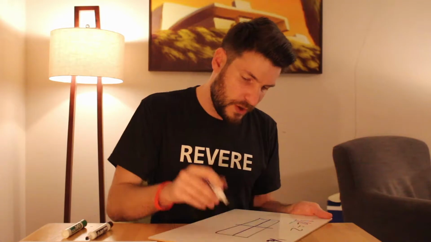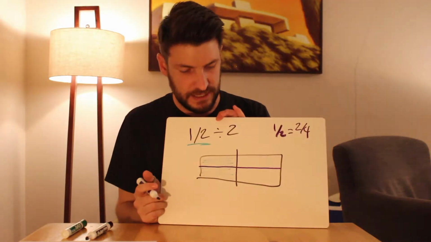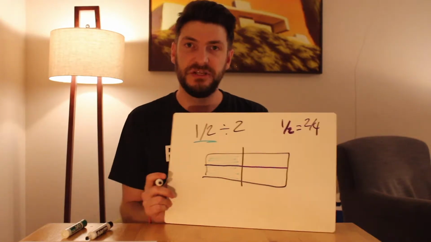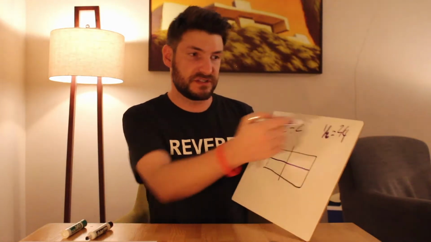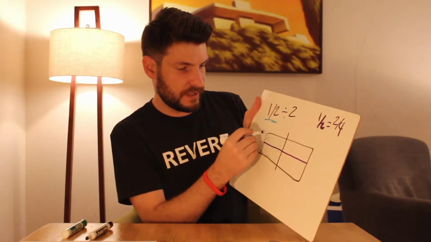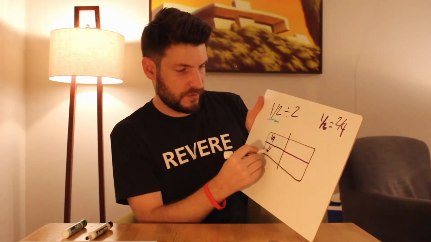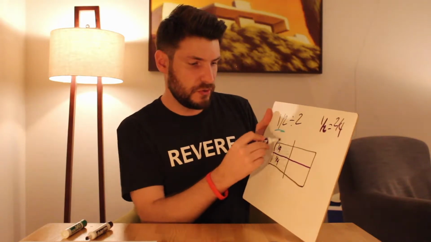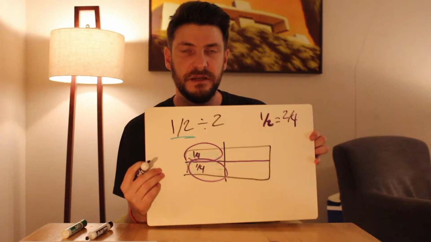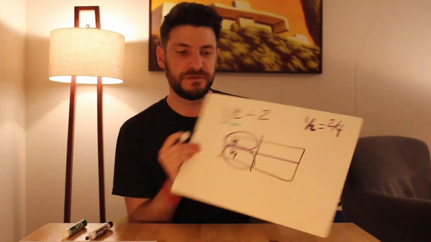Now my 1 whole is split into fourths. Can I split this 2/4 into 2 equal groups? Yeah, I have 1/4 right here and 1/4 right here. They are 2 equal groups. I have split my 1/2 into 2 equal groups.